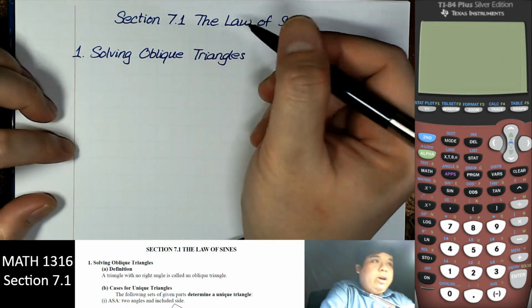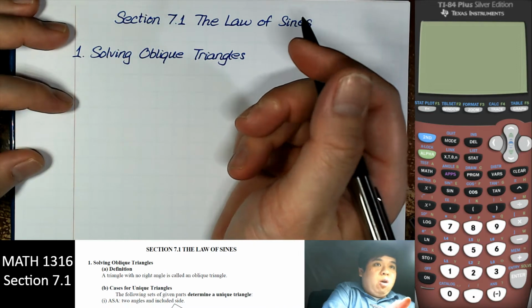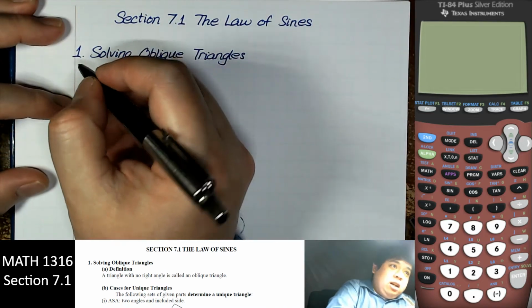Solving oblique triangles. An oblique triangle is a triangle that is not right, meaning that there's no right angle.